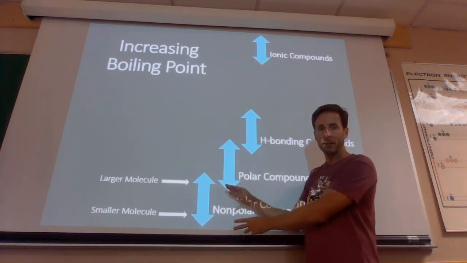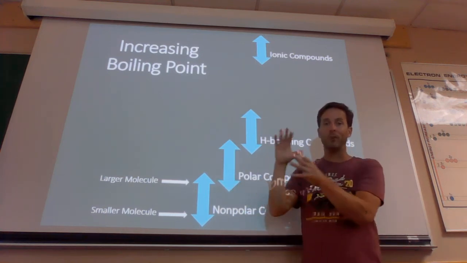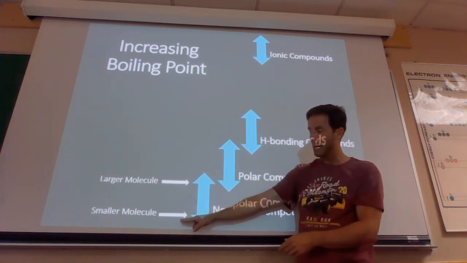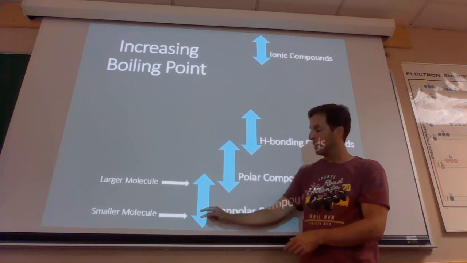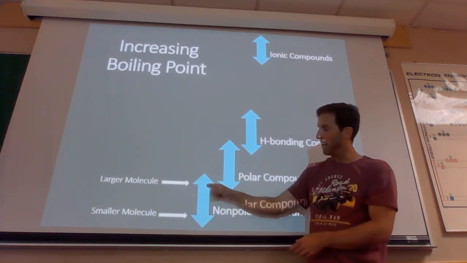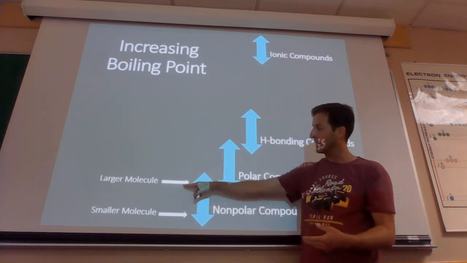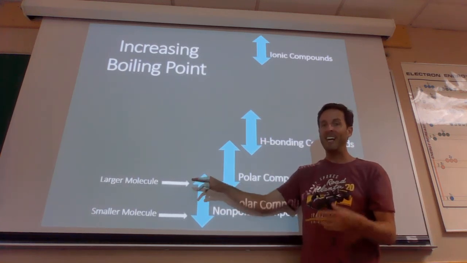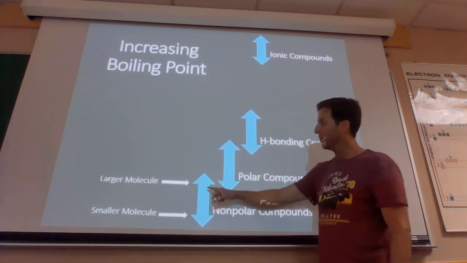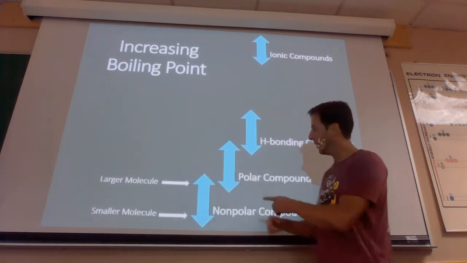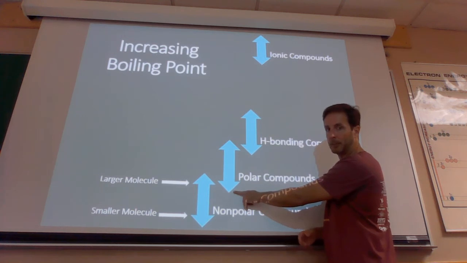nonpolar compounds tend to be near the bottom. But it's a range. Smaller nonpolar molecules are going to have really low boiling points, but as I raise the molecular weight, or get the atoms to be bigger with larger electron clouds, the boiling point does increase. And it actually can get to the point where big nonpolar molecules can be higher than small polar compounds.